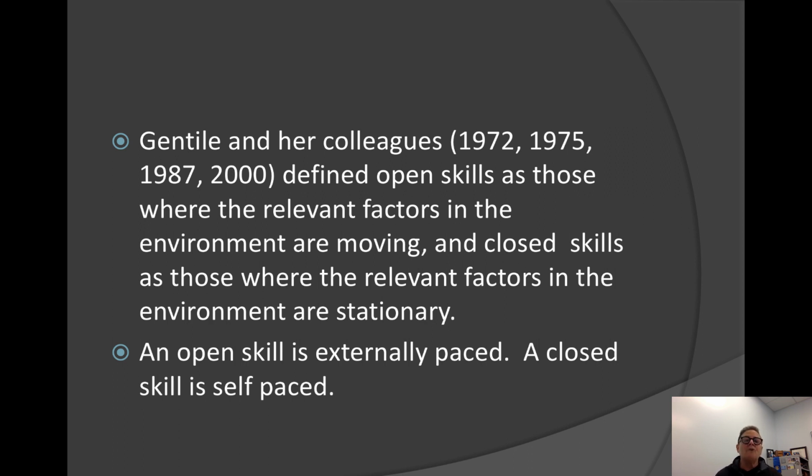Gentile considers open and closed skills as discrete categories. We need to do this in order to be able to use our full taxonomy. However, I want you to understand Knapp's conception related to the continuum of open and closed skills.